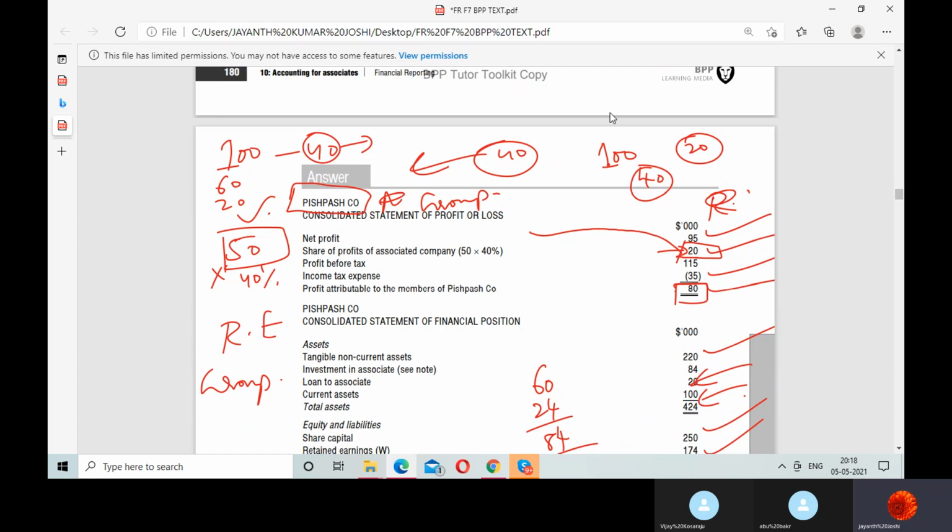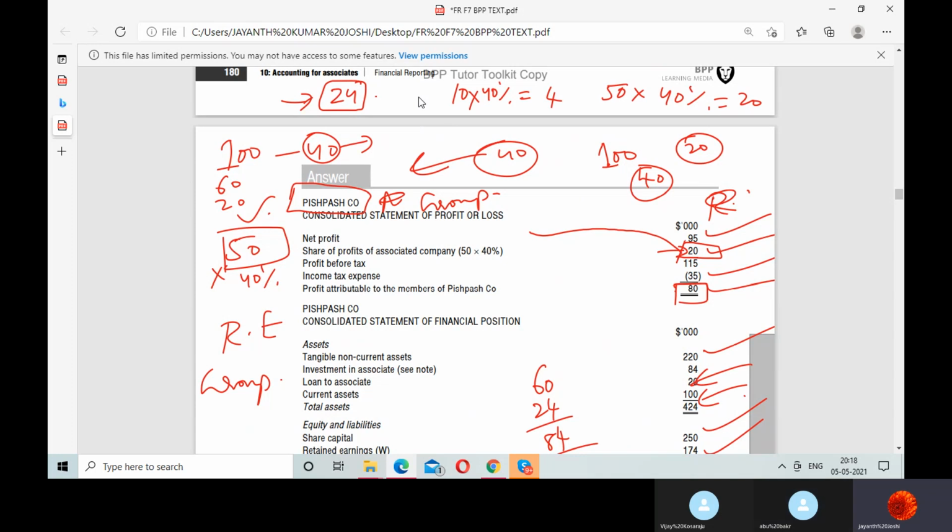On the 50, how much percent did they get? 40%. But 10 is also there extra. On that 10 also 40% they will get, right? That is making how much? 24. That's it.